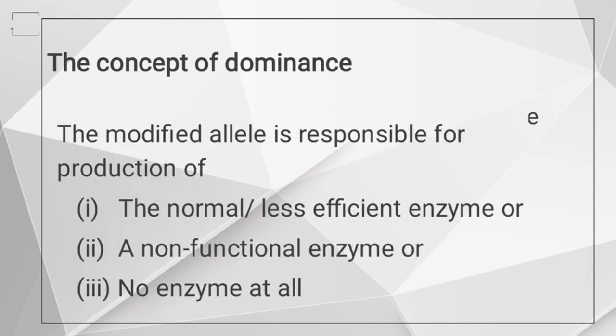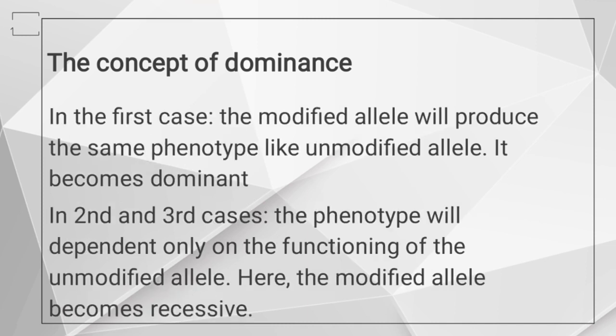But in the second and third case, the second case is production of non-functional enzyme, and the third is no enzyme at all. In the second and third case, the phenotype will depend only on the functioning of the unmodified allele.